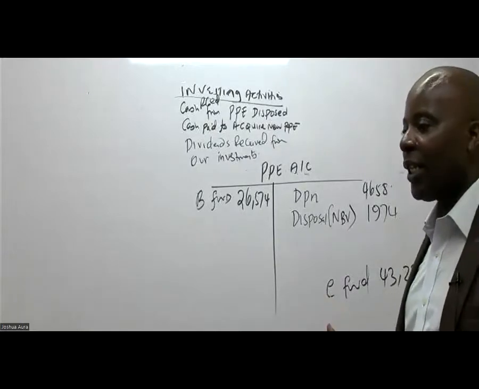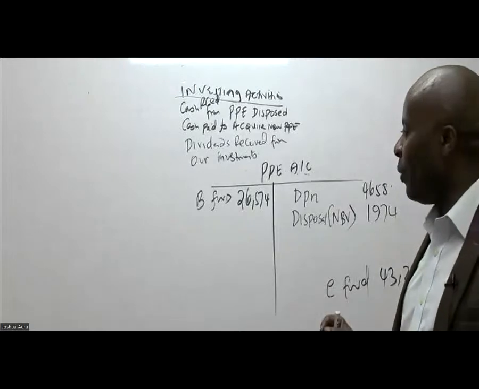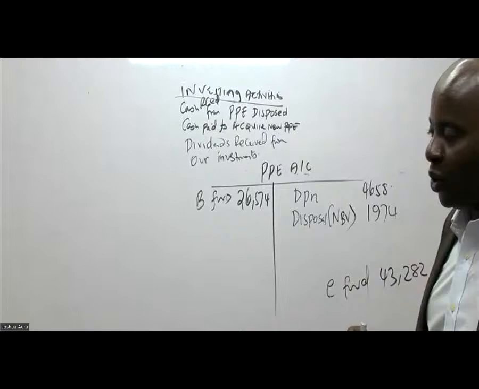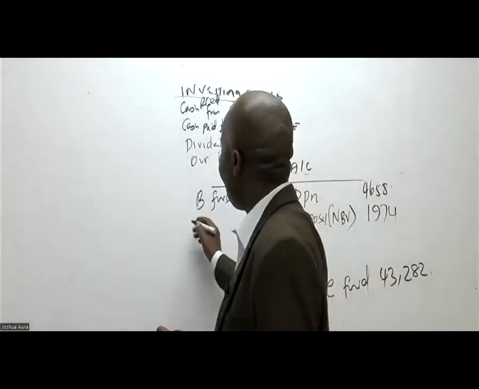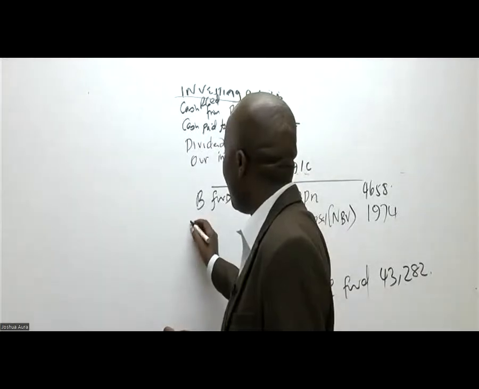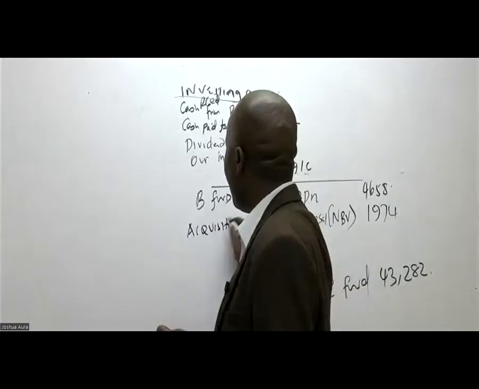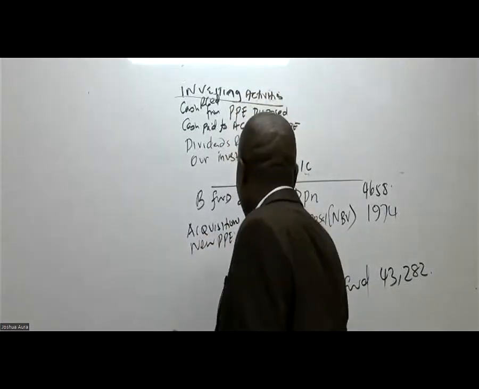So the only thing now that we have here, which will be able to affect our PPE, will be the acquisitions, the procured PPEs, right? So in this case here, the acquisition, the new PPE. So of course now this will be the balancing figure.